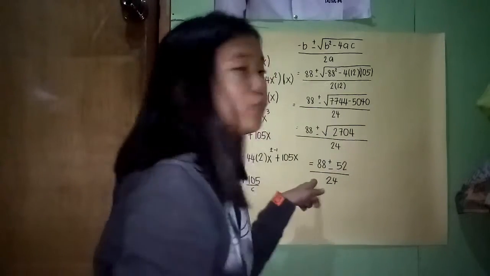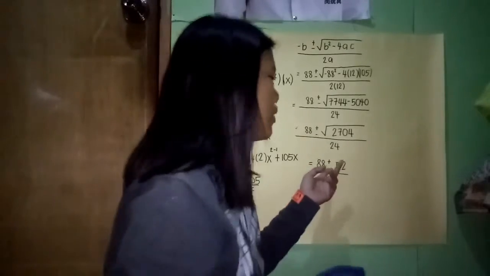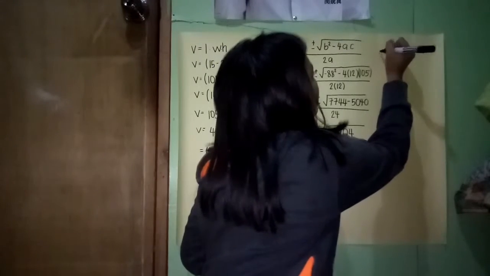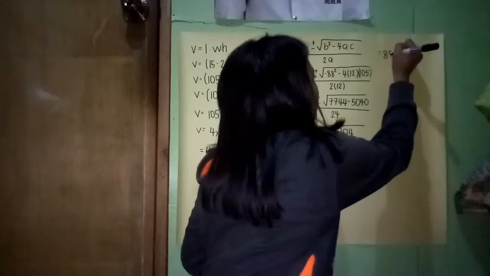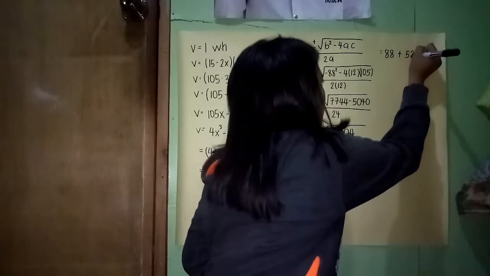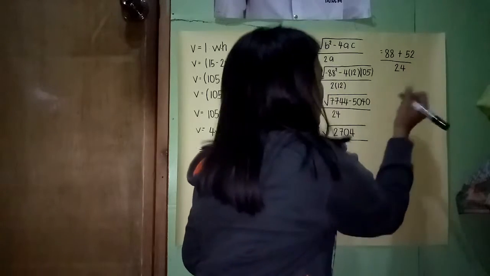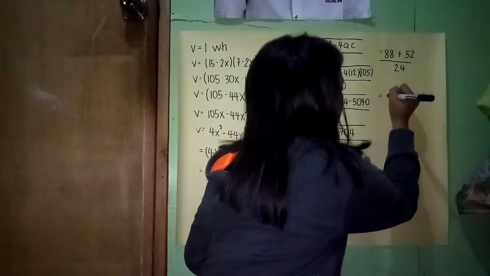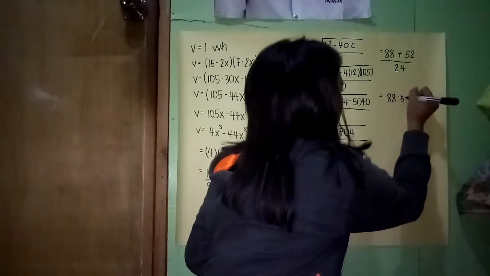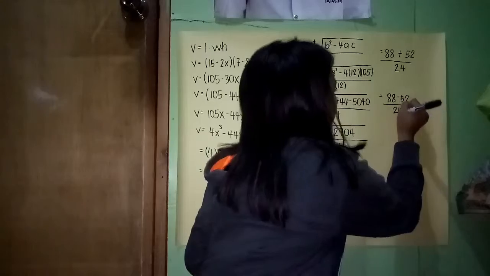Now there are going to be two answers on this one since we're going to use positive and negative. So 88 plus 52 over 24, and 88 minus 52 over 24.